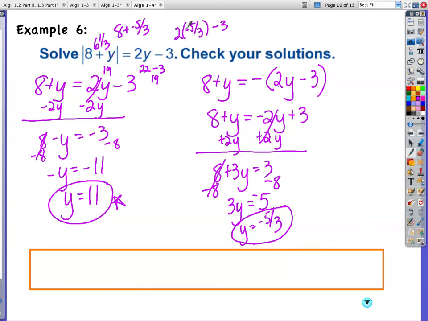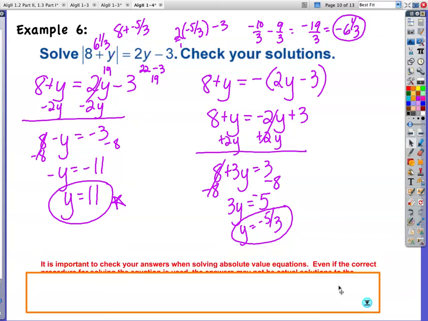You might use the calculator, but negative 10/3 is what that is, because I have top times the top, bottom times the bottom, minus 3, which is actually 9/3, because 9 over 3 is 3, so I have negative 19/3. That's the same as negative 6 1/3. Oh, you're thinking there's going to be a quick little mistake in there. There is not. Is 6 1/3 equal to negative 6 1/3? No. So what I'm saying is this one does not work.